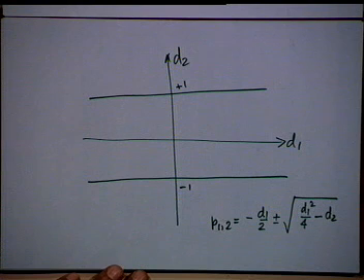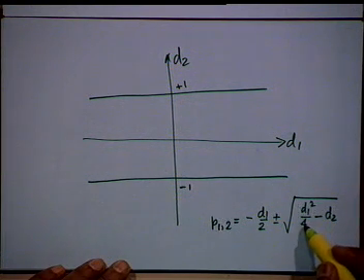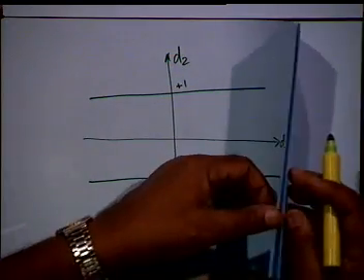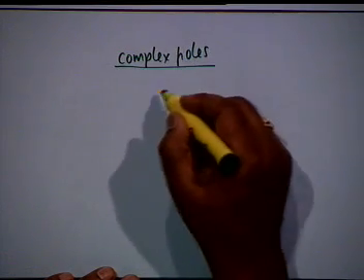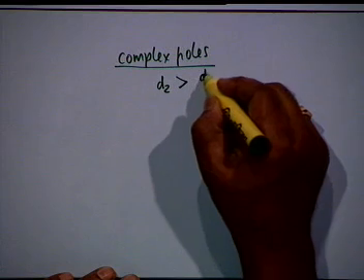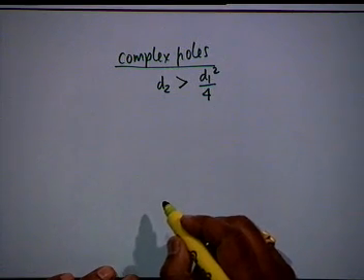If the roots are complex, then obviously d1 squared by 4 should be less than d2. Okay? First let us see complex roots, complex poles. The condition is that d2 should be greater than d1 square by 4. Agreed?